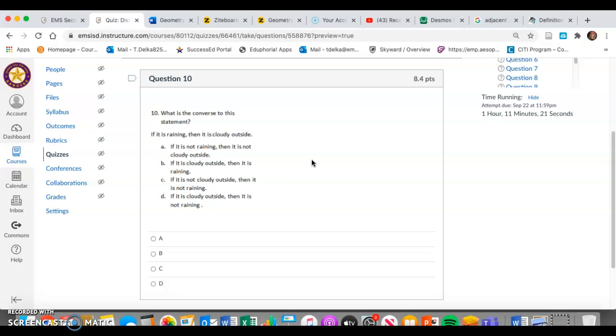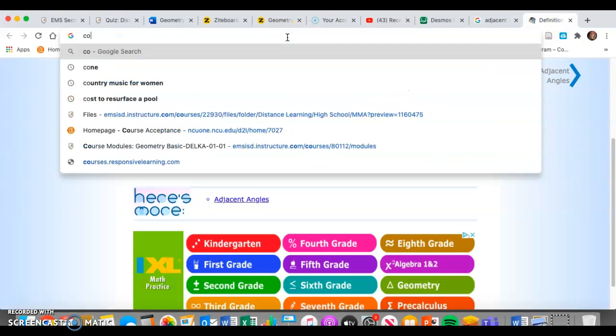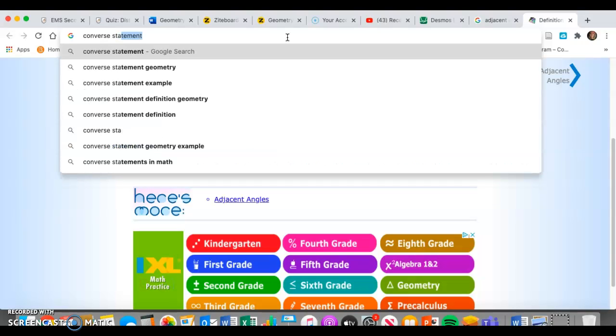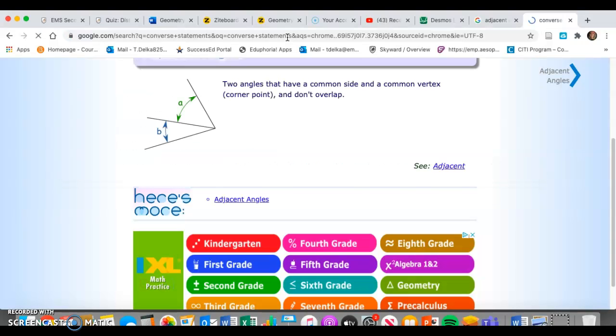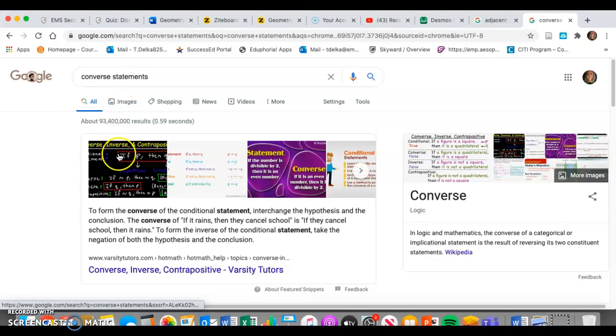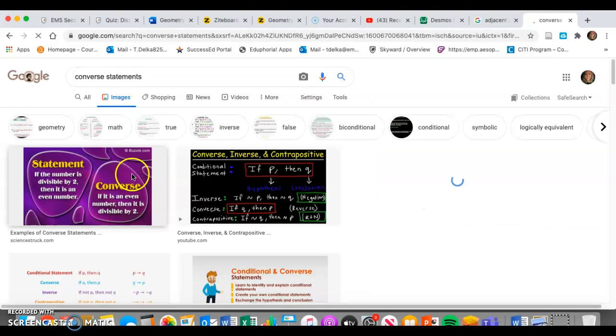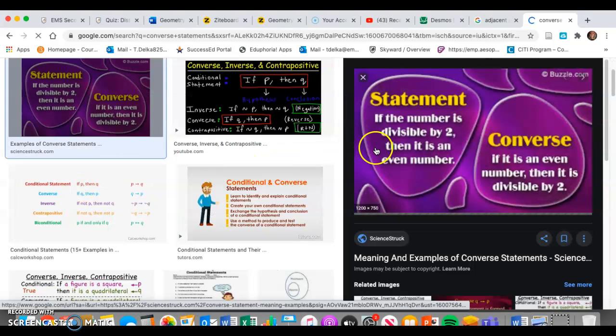Question 10. What is the converse to the statement? Okay. Converse, so I did not go over conditionals with you, which are types of statements. I'll be honest, I did that on purpose because those are incredibly difficult to decipher and they take up a lot of time and we're already so far behind.